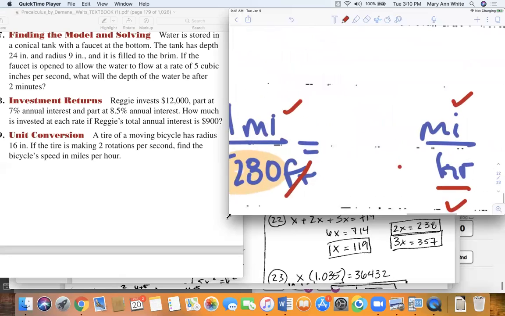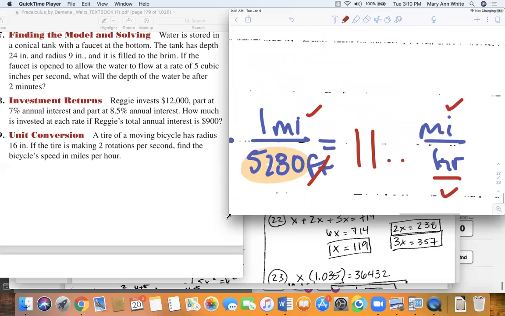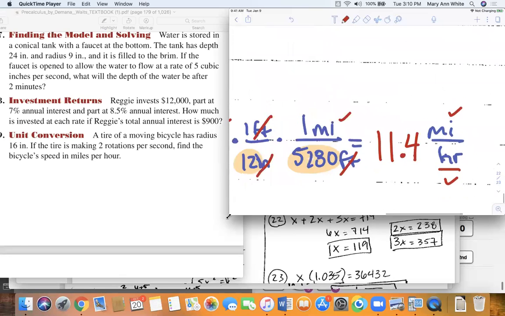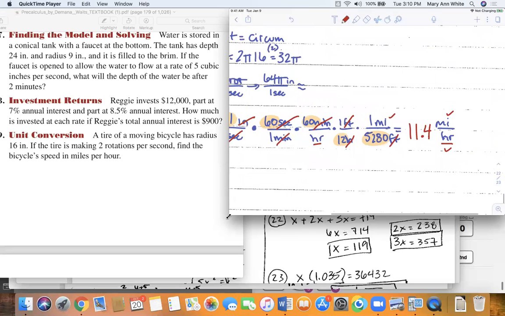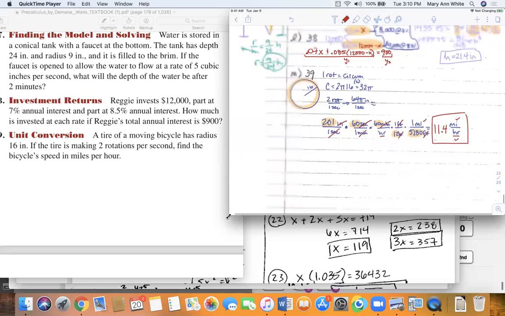If you don't trust me, throw it in your calculator, and I trust you to check me, but since it's the very end, I'm just gonna tell you what it is. I get 11.4 miles per hour. So we took the circumference and then did all my conversions from inches to miles and seconds to hours to get my final answer.